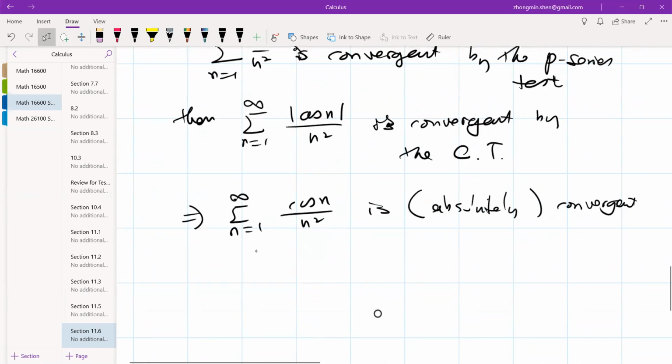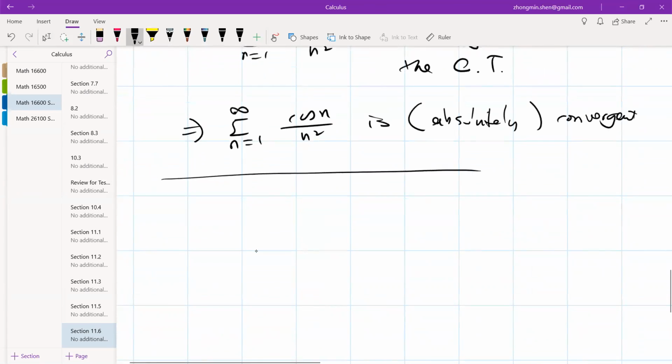Otherwise, you see the partial sum consists of a positive part and a negative part. Maybe I should really explain this to you. You have to understand this. Look at the absolute value of a_n, right?